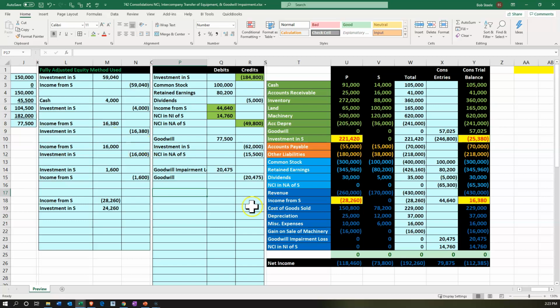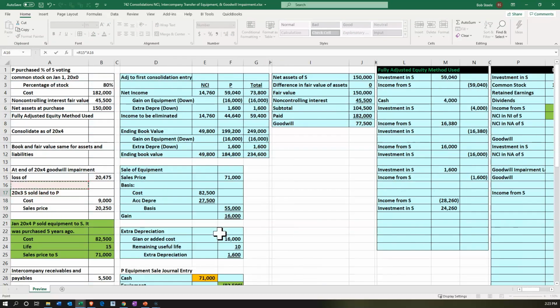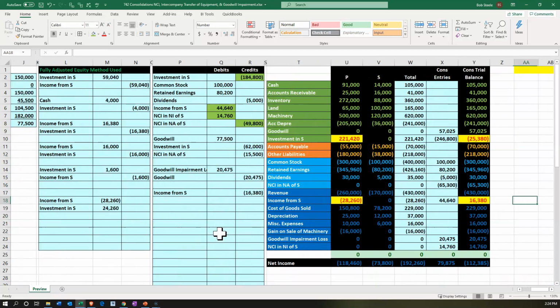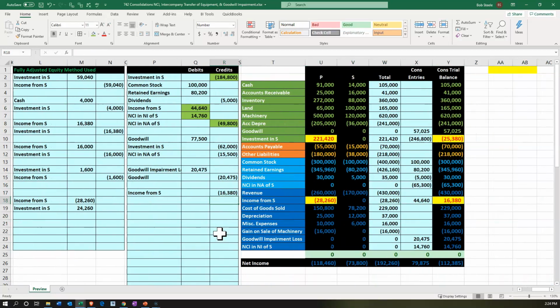So we're going to have to credit it to bring this down. We're going to pick up this income from S. The calculation is going to be this times 80%. Then we're going to pick up the non-controlling interest.